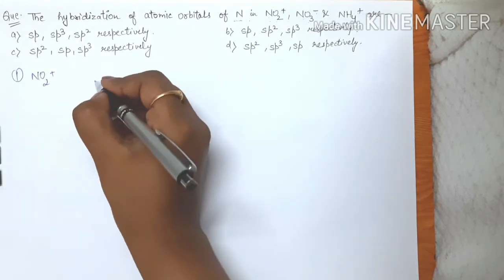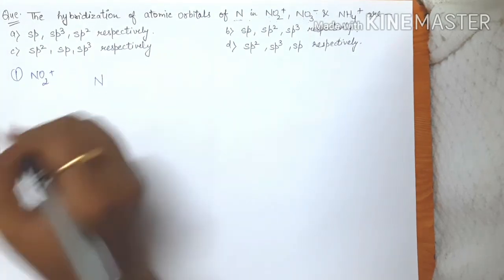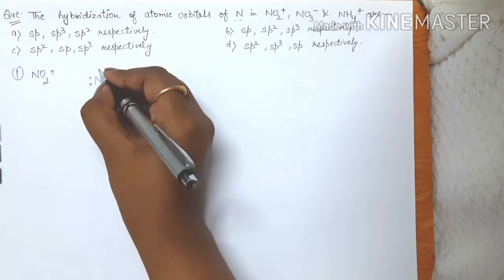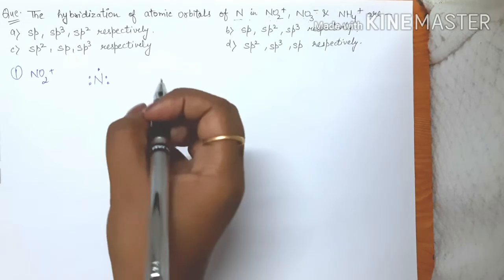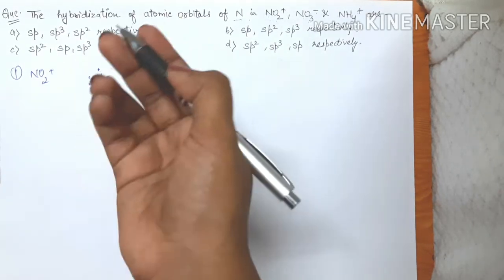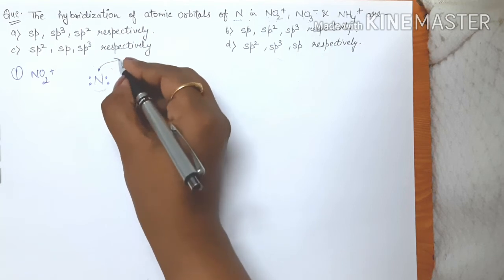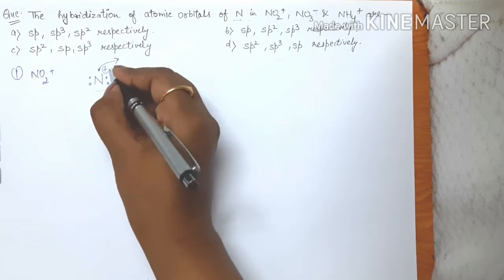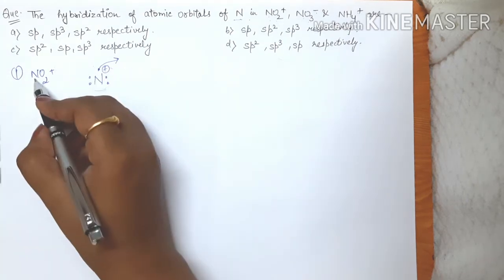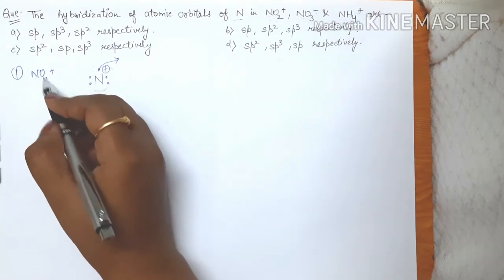Here nitrogen is going to be the central atom. Nitrogen has 5 electrons in the valence shell. Now if I want to get this positive charge onto this nitrogen, then what I have to do is I simply have to remove one electron and introduce this positive charge. Now this nitrogen is attached with two oxygens.